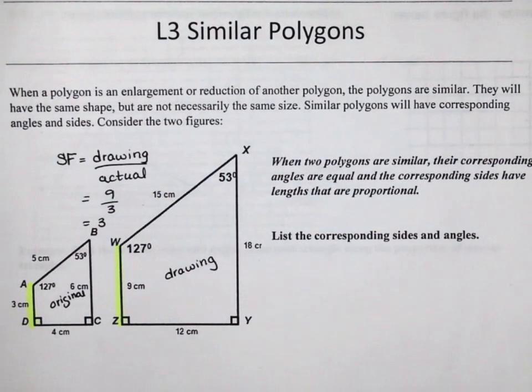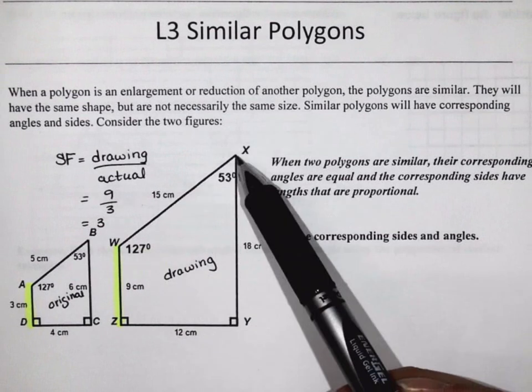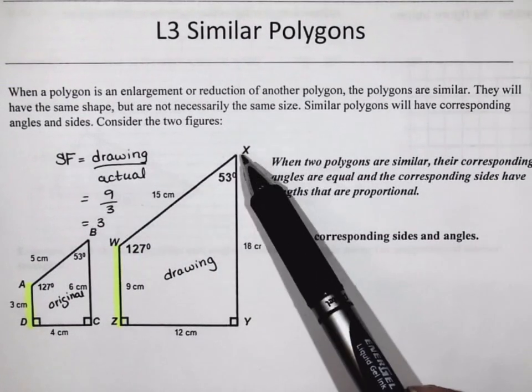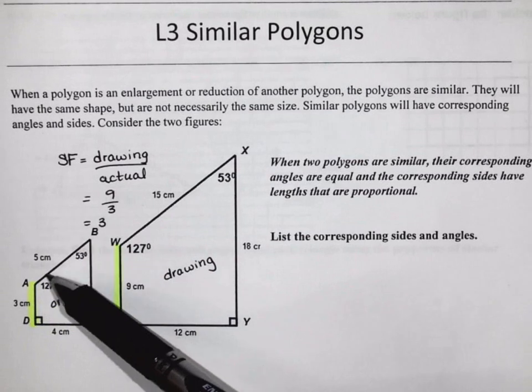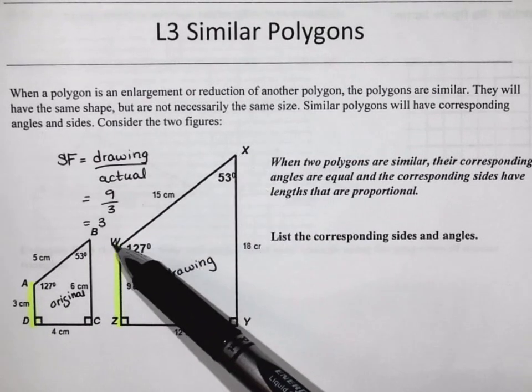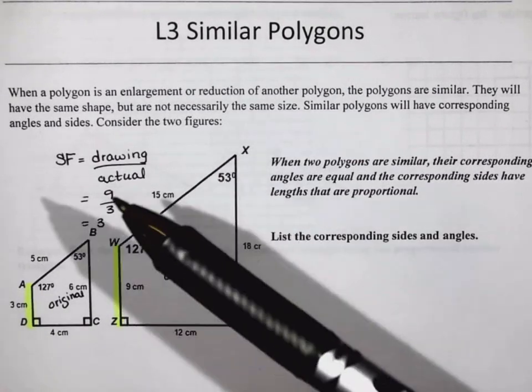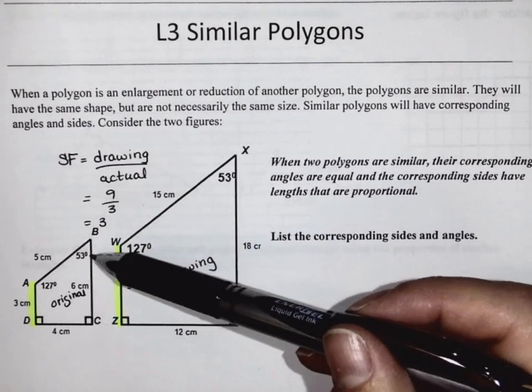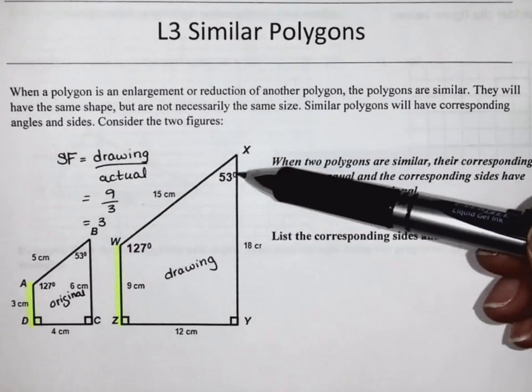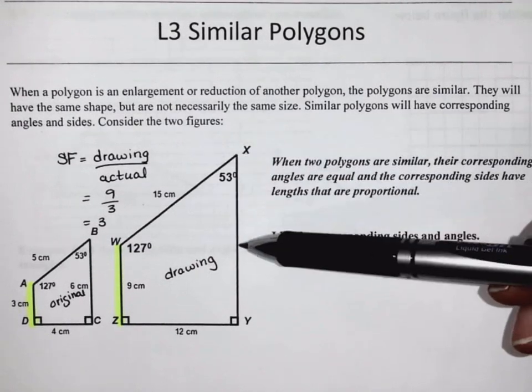So we know the shape is similar if every side is increased by 3 times. So what's 5 times 3? 15. Is this side 15? Yay, us. If this side was 6, what's 6 times 3? 18. So this side, 18. Look at that.